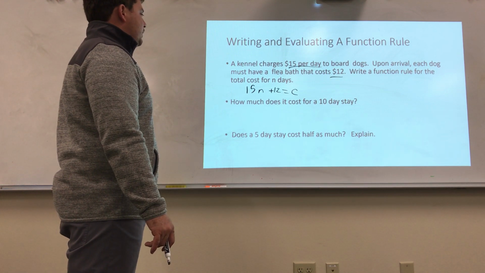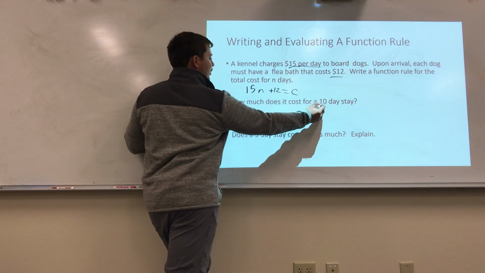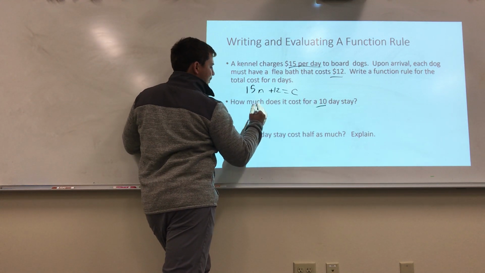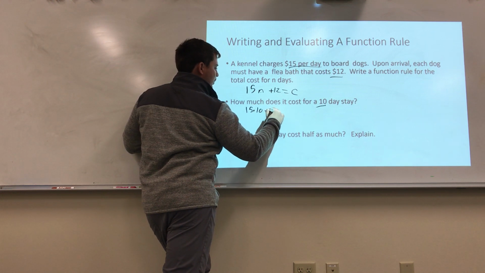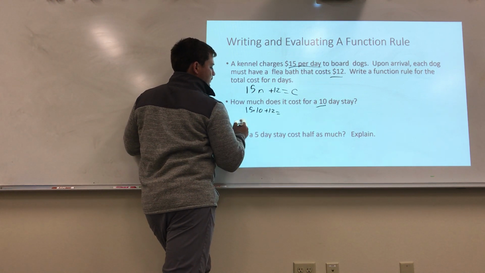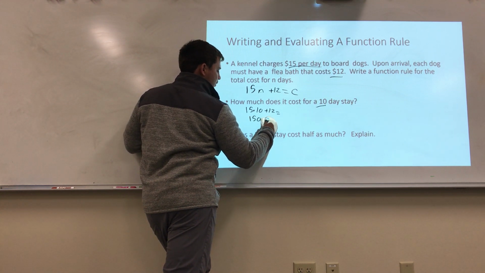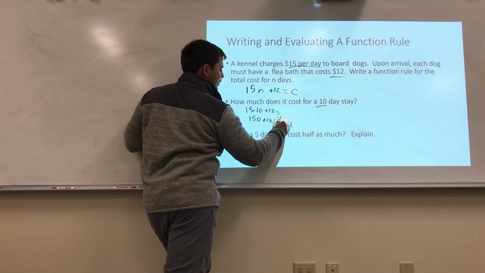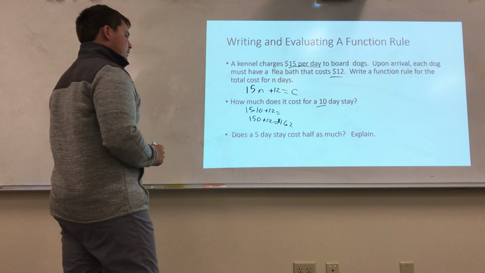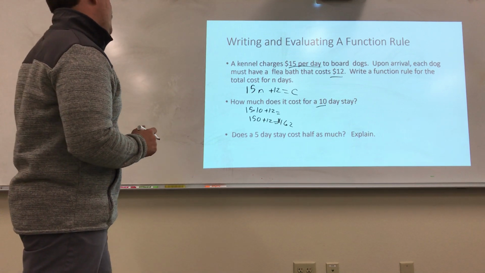How much does it cost for a 10-day stay? Well, N is representing the number of days, so we take 15 times 10 plus 12, and that's 150 plus 12, which is $162 to have your dog in there for 10 days. Does a 5-day stay cost half as much?